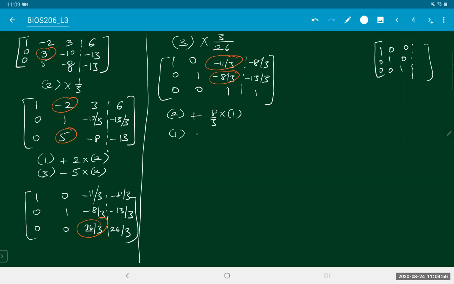And to the first row, I will add 11 by 3 times the third row. So 1, 0, 0.